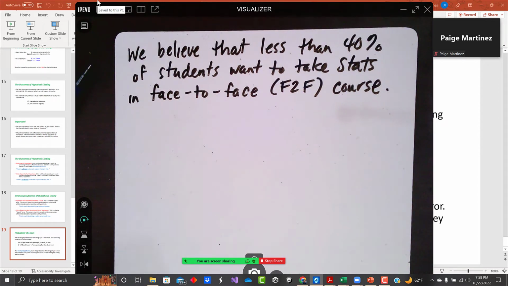This really matters to the math department because although the spring schedule is going up pretty soon for the spring classes, we're scheduling for fall already. So we're coming up with a schedule for fall, and if we have 100% face-to-face classes and no online classes, then we're not representing students' needs.